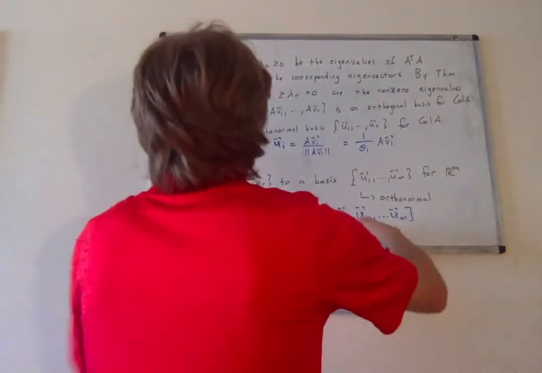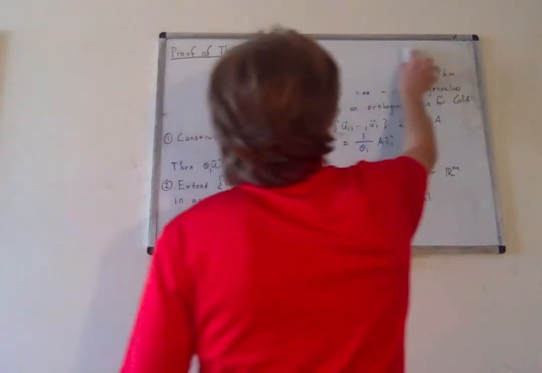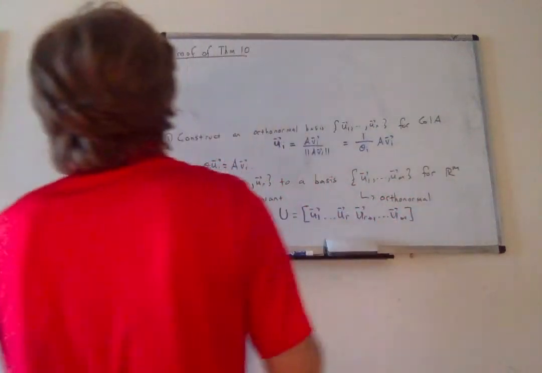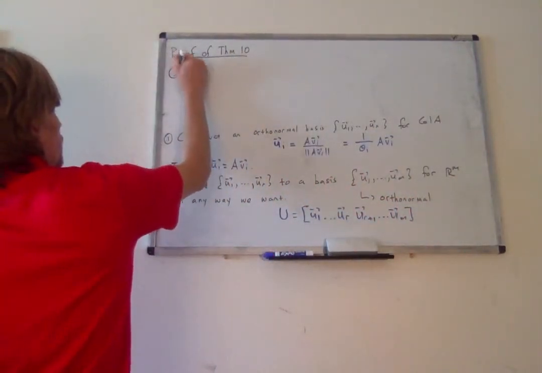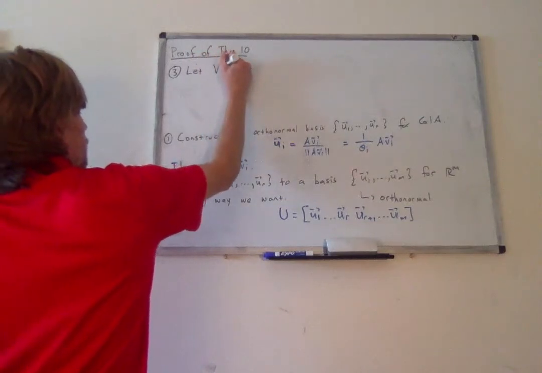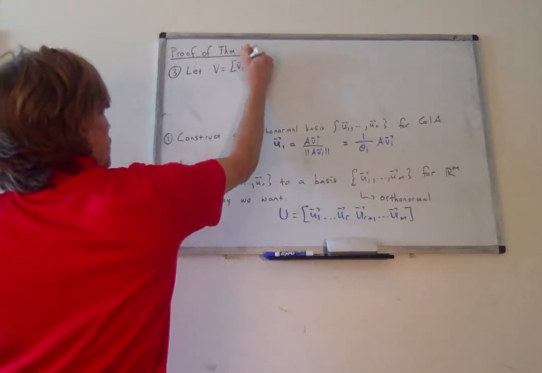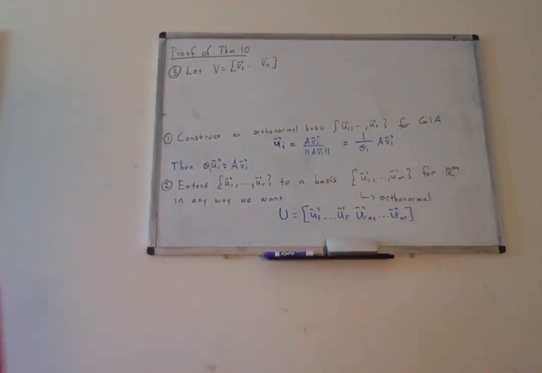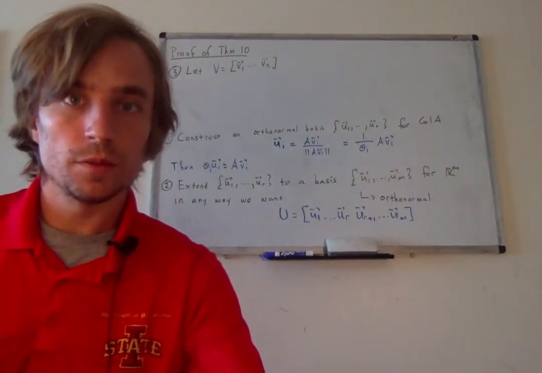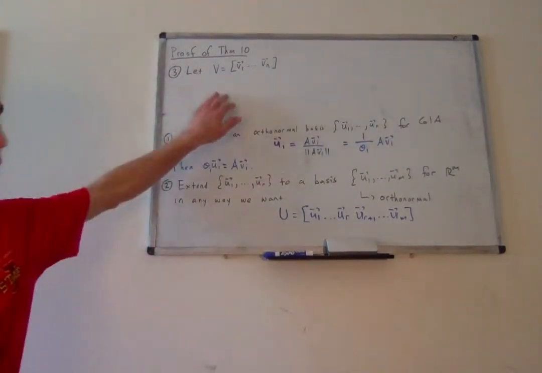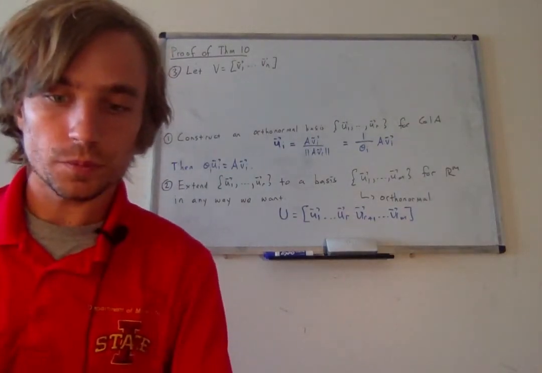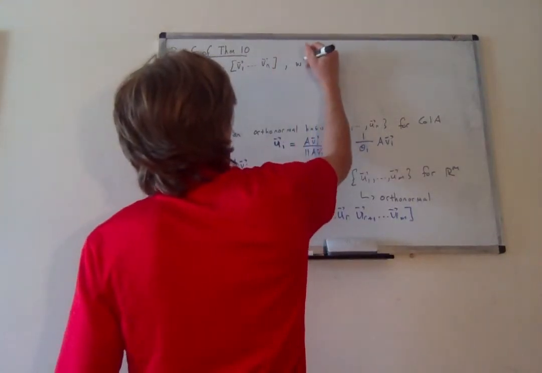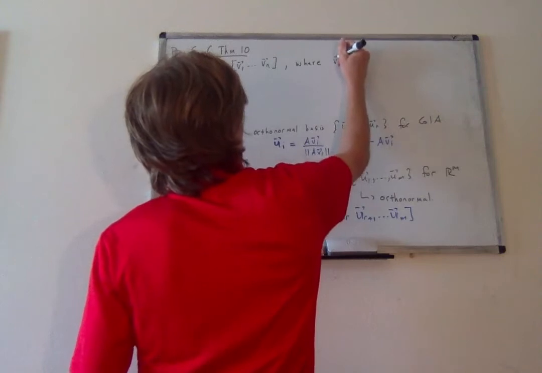So the next thing we're going to do is let V just be the matrix whose columns are given by the n orthonormal eigenvectors of A transpose A. I'll point out that we want to make sure that each of these vectors is normalized.